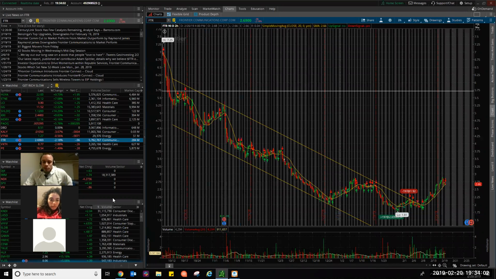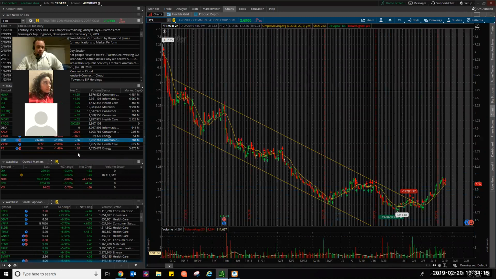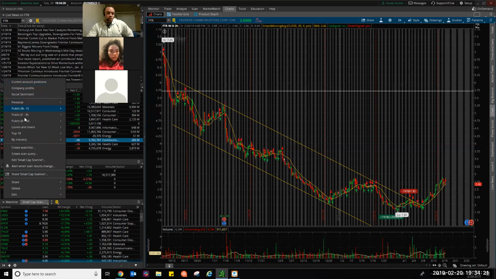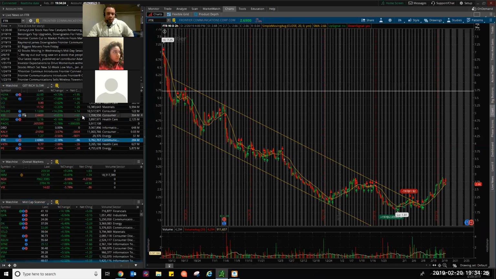For these stocks, though, I just wouldn't think you would want to hold them very long with this price range that we're trading in. And that's another point. I'm glad you brought that up, Corey, because when it comes to small cap stocks, I don't look to hold them that long. But I've been looking at the mid cap scanner.